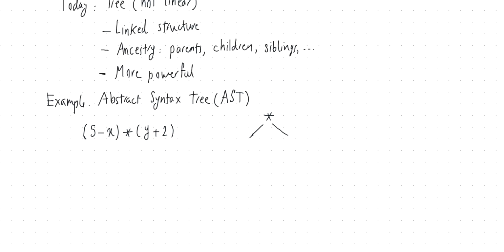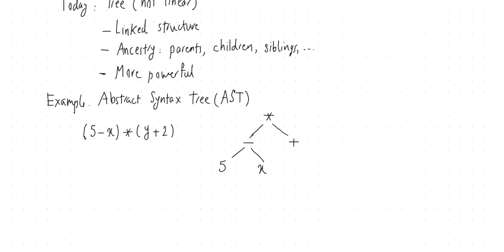So the left branch is going to represent 5 minus x, and the right branch is going to represent y plus 2. And 5 minus x itself is a mathematical expression. The operation is subtraction, so that goes there. And then the left operand for that is the constant 5, and the right operand for that is the variable x. Similarly, on the right side, y plus 2, plus is the operation.